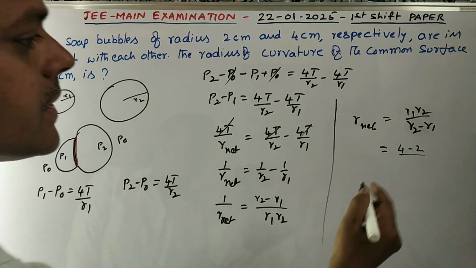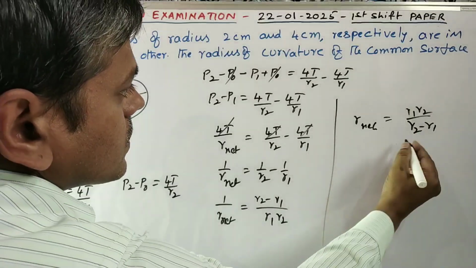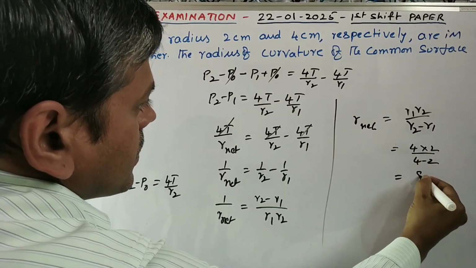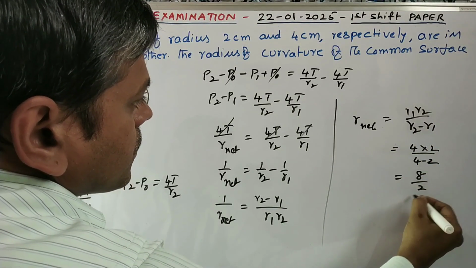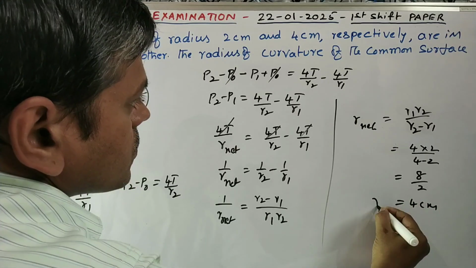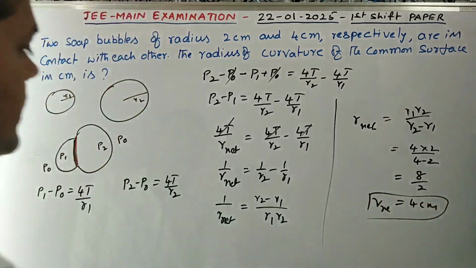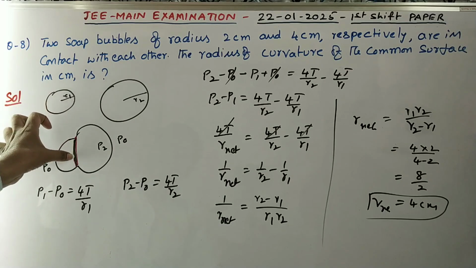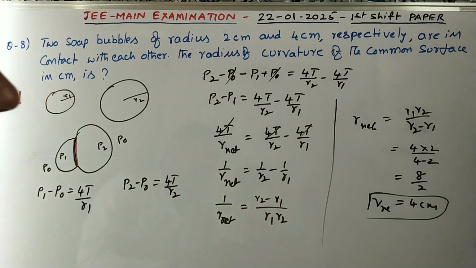R2 is given as 4 centimeters, R1 is 2. So 4 into 2 by 4 minus 2, 8 by 2 is equal to 4 centimeters. So the radius of curvature of the common surface in contact is 4 centimeters. That's it.